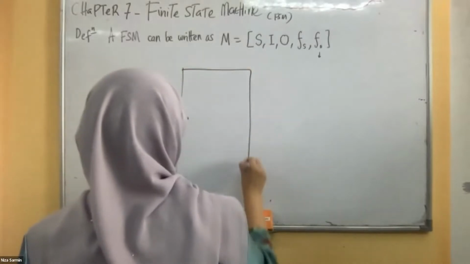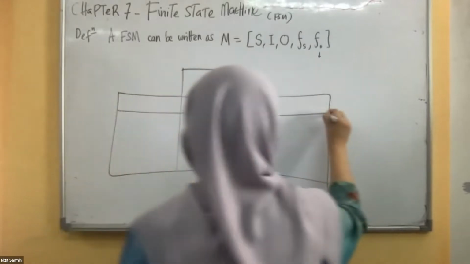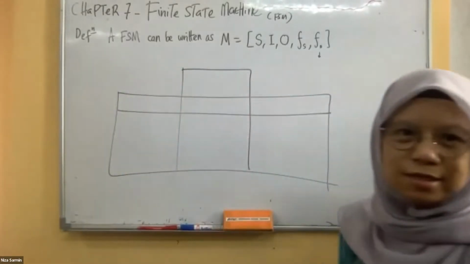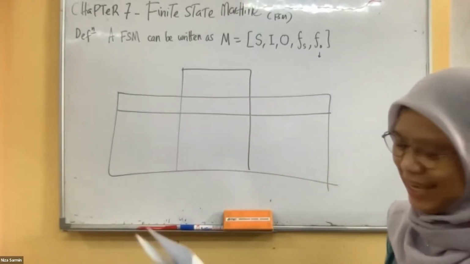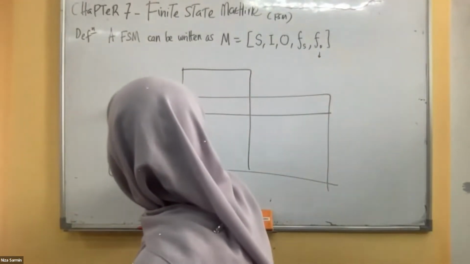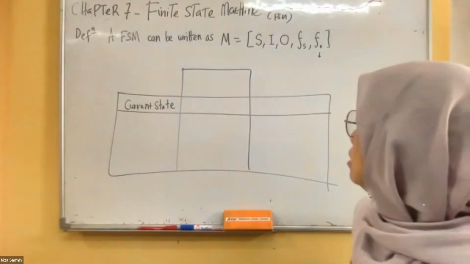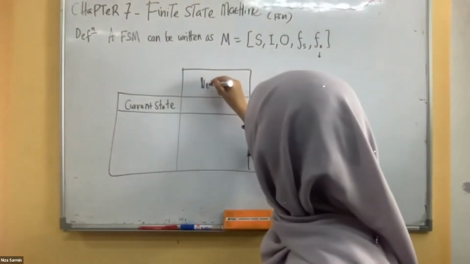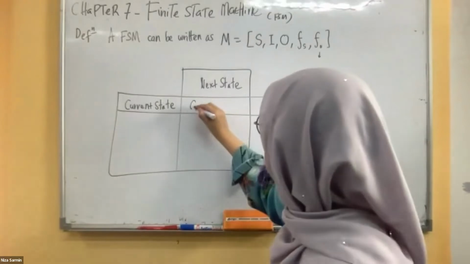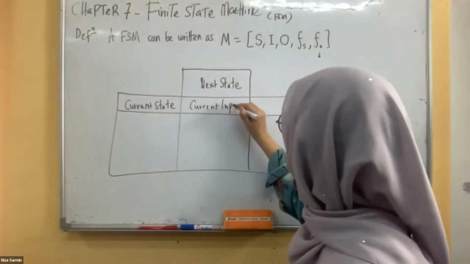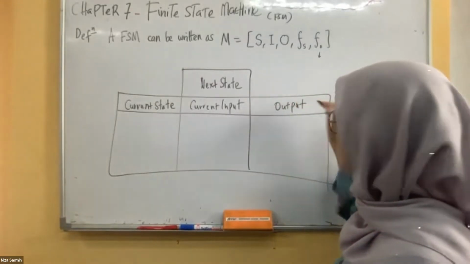So this is the normal table. Normally, we just leave this. And here, the current state is here. Normally, in a question, you will be given this, and that's the next state. And you have the current input here, and you have the output.